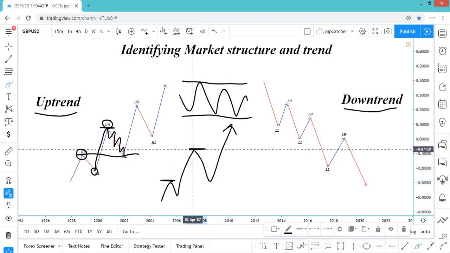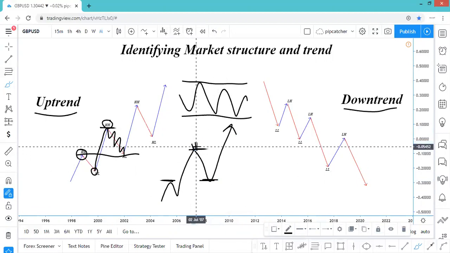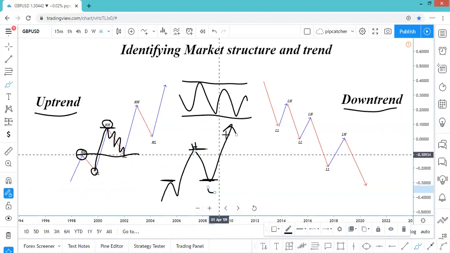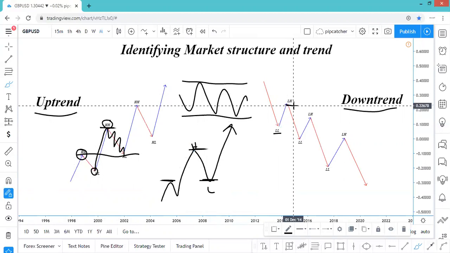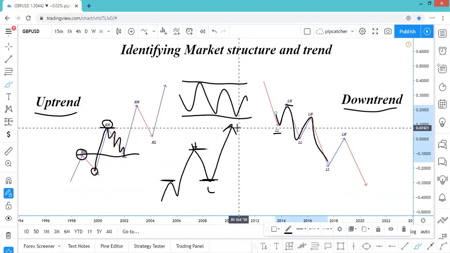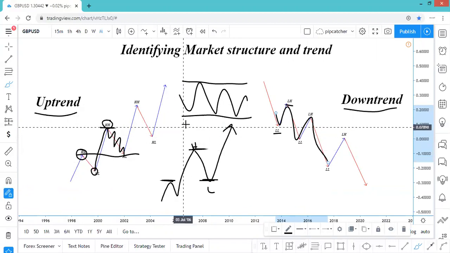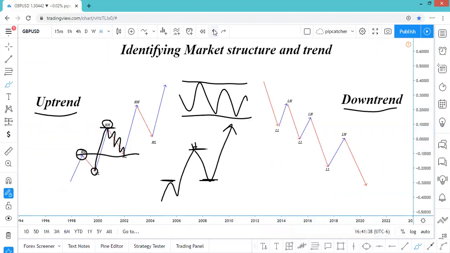But in this area right here, from this high to this low, you'll see on the smaller time frames, during a retracement in an uptrend, you'll start seeing lower lows and lower highs. And the market will create a downtrend on the lower time frames when the market is in a higher time frame uptrend, if that makes sense, right?